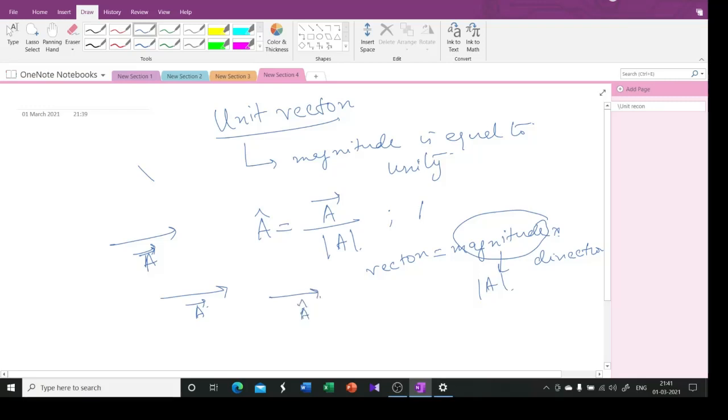Whenever we represent any other vector in this direction, we can simply represent it as x into A cap, where x is the magnitude, a scalar basically. So basically any vector in this direction can be represented as a scalar into A cap. So this unit vector helps us get a sense about the direction in which the vector is pointing.